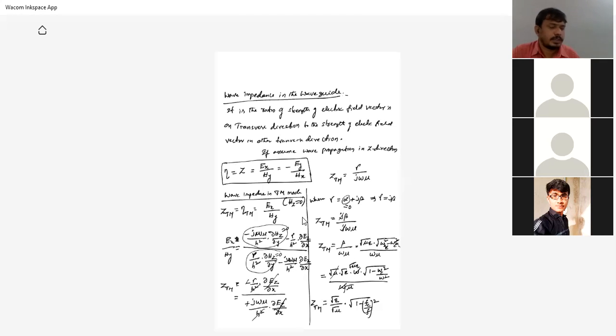Check the previous equations: is it mu or epsilon? If it is mu, root mu gets cancelled. Once you check the previous one, I'll tell you.